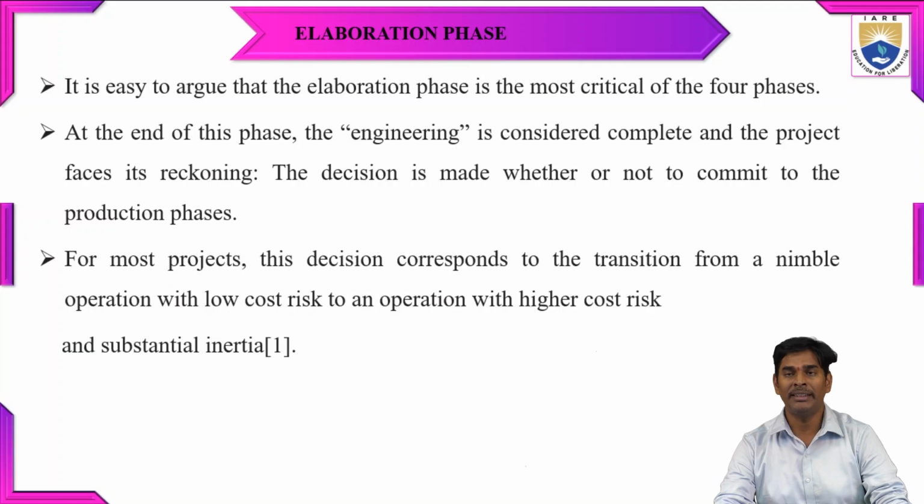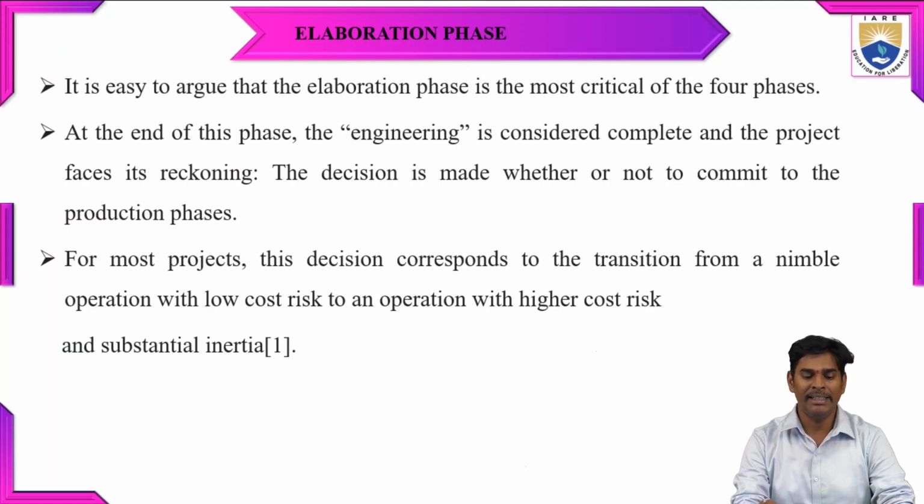It's easy to argue that the elaboration phase is the most critical of the four phases, because only in the elaboration phase do they develop the architecture. The architecture is the heart of the software project.